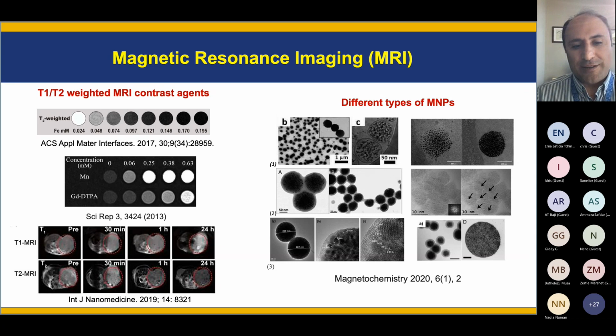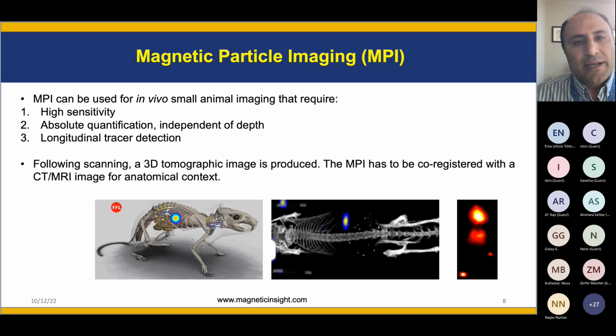We don't cover that here, but we use these nanoparticles to get contrast enhancement, or maybe we can make the region of interest, like a tumor, brighter or darker to specify where it is located.